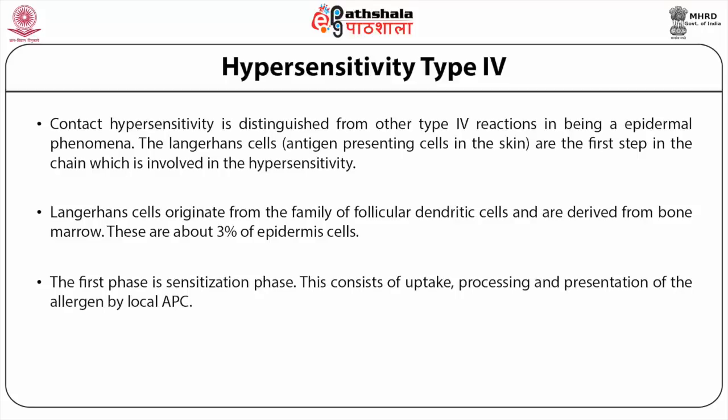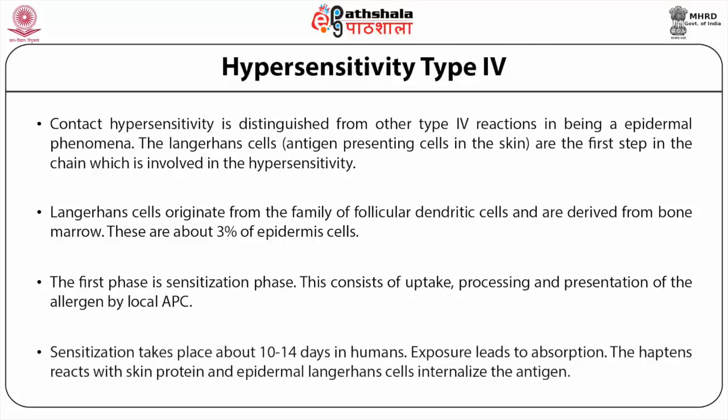The first phase is the sensitization phase. This consists of uptake, processing and presentation of the allergen by local antigen presenting cells. Sensitization takes place after 10 to 14 days in humans.